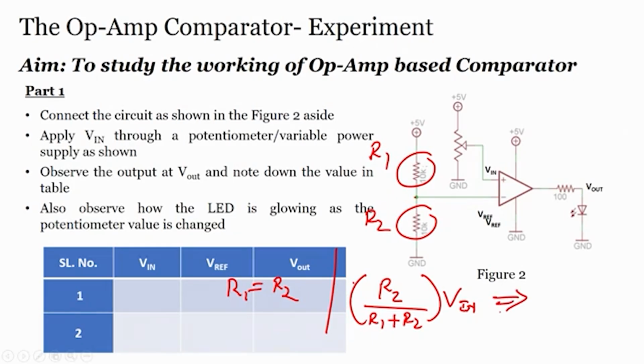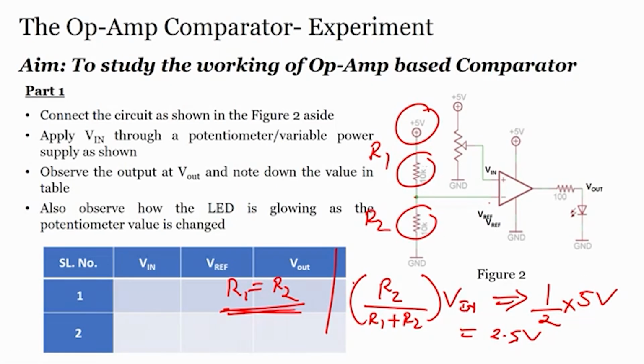This will become half V in. What is our V in? V in is 5 volts. So, if I replace V in by 5 volts, what will be my answer? My answer would be 2.5 volts.